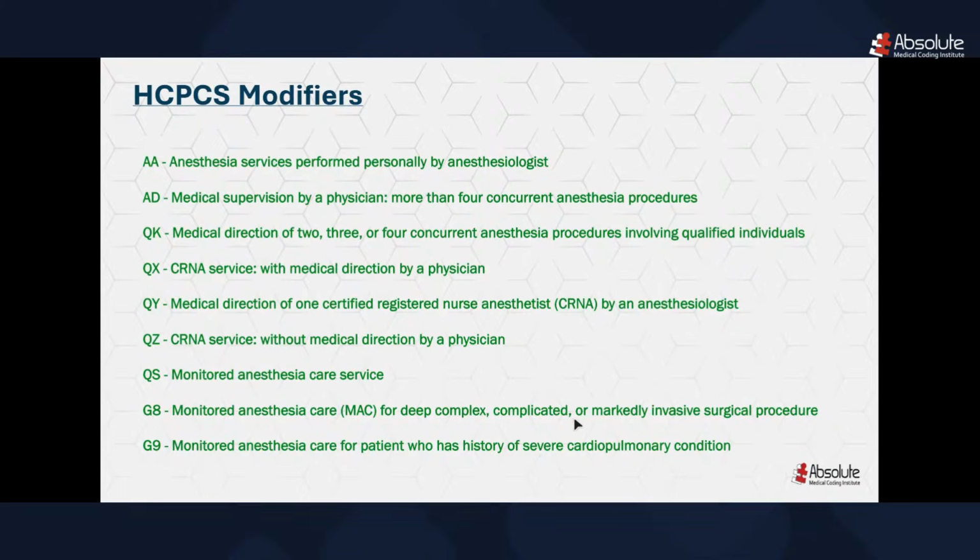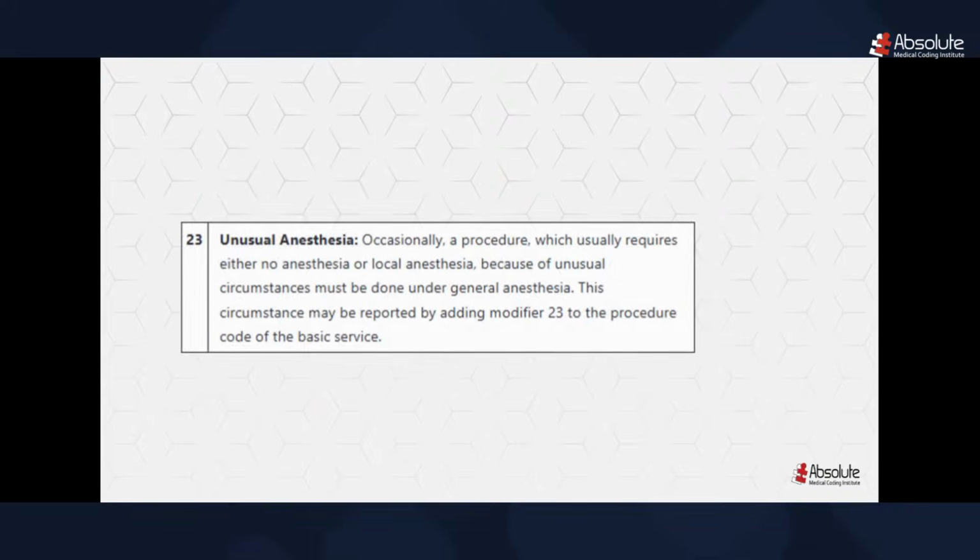All right. So we also have to discuss another modifier, that is the 23 modifier. This is appended when a procedure that normally does not require anesthesia, or only local anesthesia, must be performed under general anesthesia due to unusual circumstances.